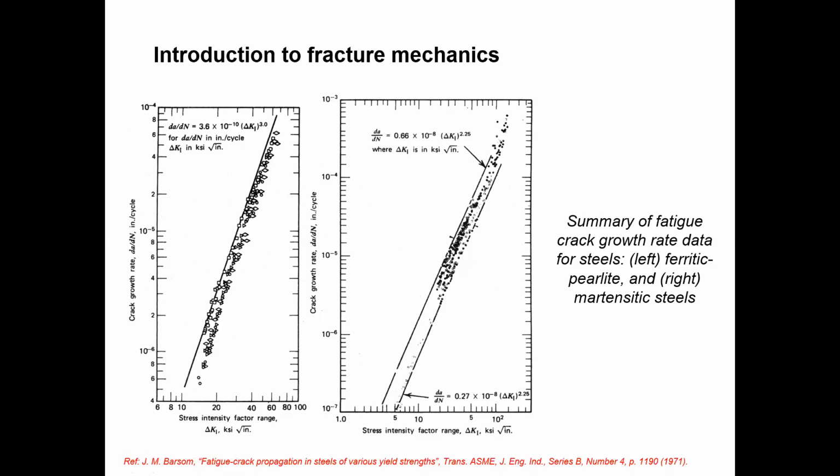Martensite and pearlite are both steel, but the only difference is the microstructure. At the very beginning, I told you the microstructure also governs. So it will highly influence this data. If the microstructure changes, even though it is steel, this curve will be changed. So let's see how it can be changed.